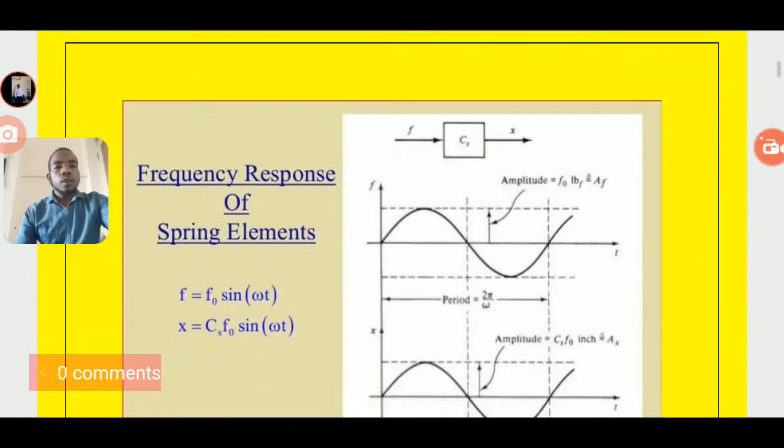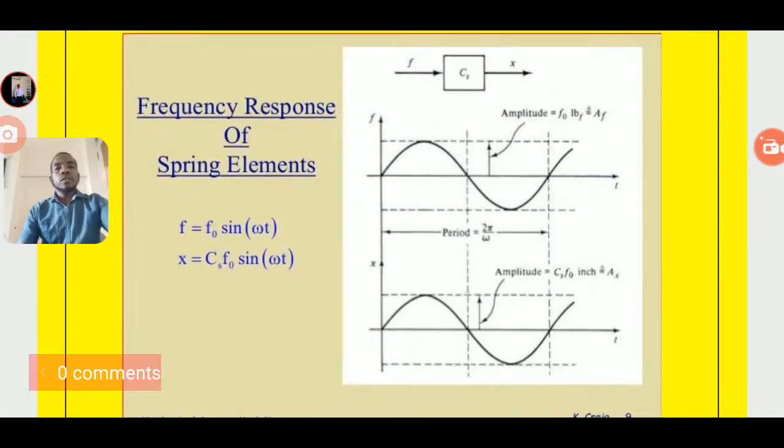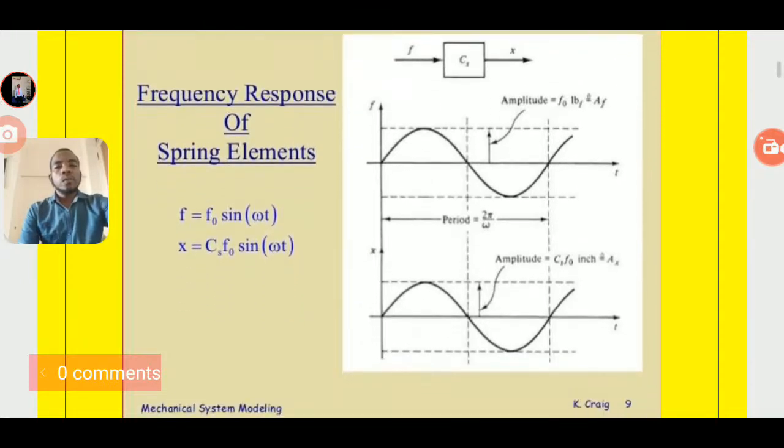The other thing is the frequency response of the spring element. When we say the frequency response, it's one of the response or the dynamic response. So here we can say that F is equal to F naught sine of omega t, and x is equal to Cs F naught sine of omega t. This is the frequency response of the spring element.